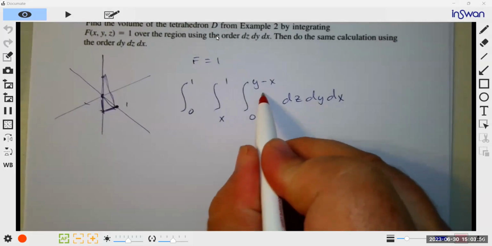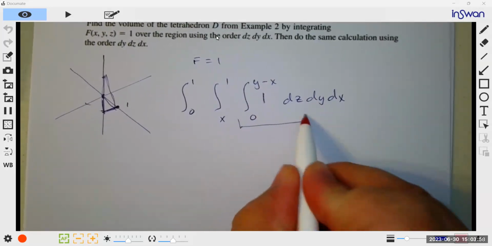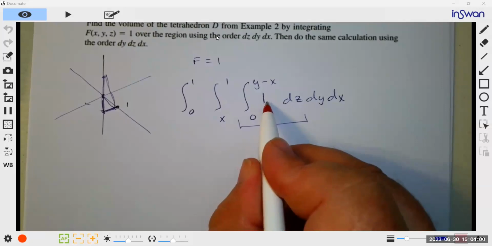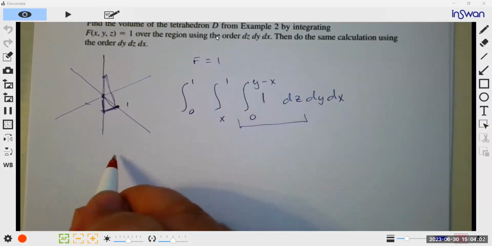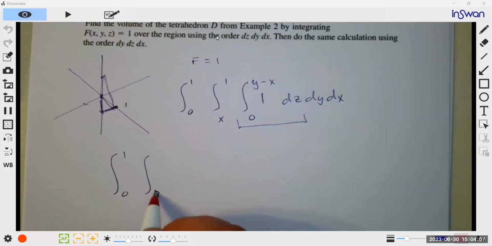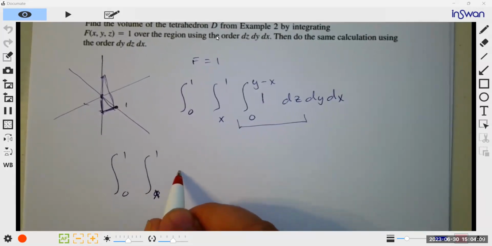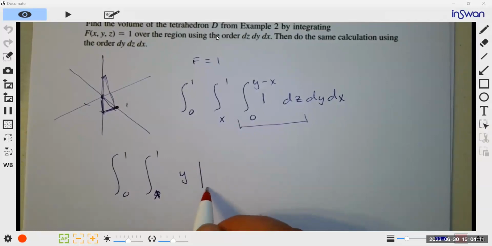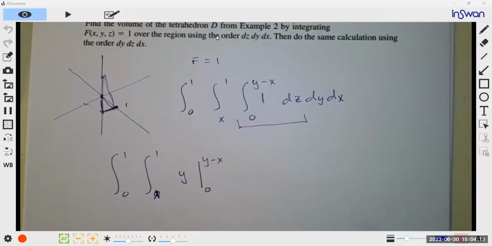All right, since it equals 1, let's do the first integration. The integral of 1 is z, so that's 0 to y minus x.